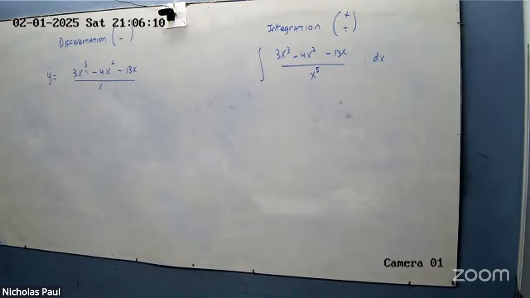Divide everything by x. Just according to the first one. Right, look at the powers, minus them all.